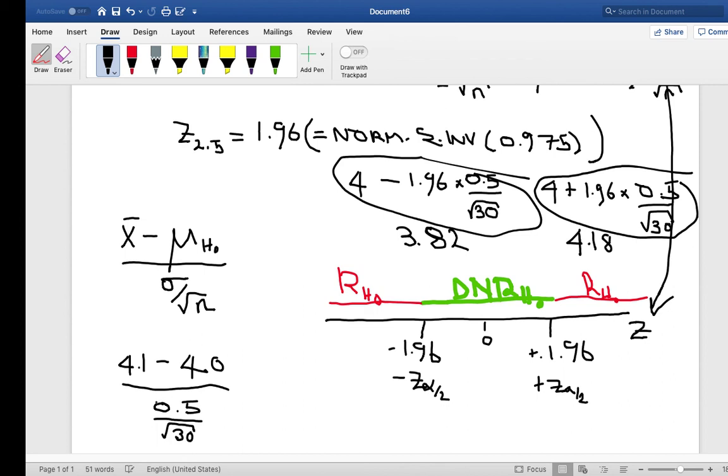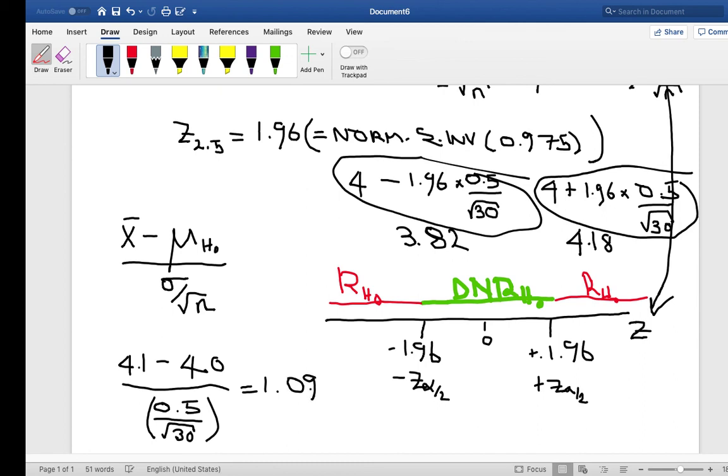Note, when you do this calculation, be careful. I'll put that in parentheses to make it somewhat easier for you, but be careful that you do it the right way. Otherwise, you're going to get a wrong figure. So this minus this divided by this, the result should come out as approximately 1.09. So your standardized test statistic is in fact 1.09.